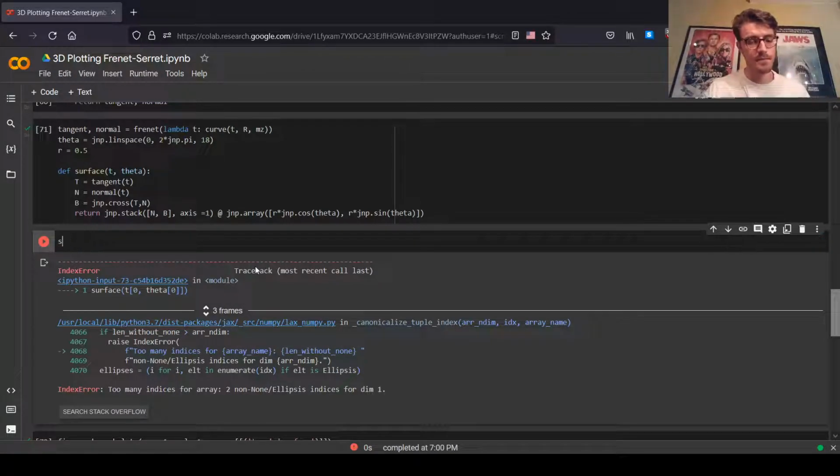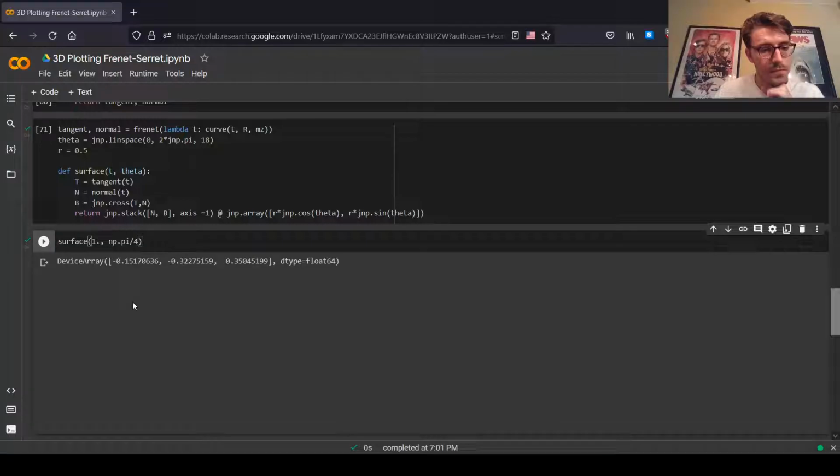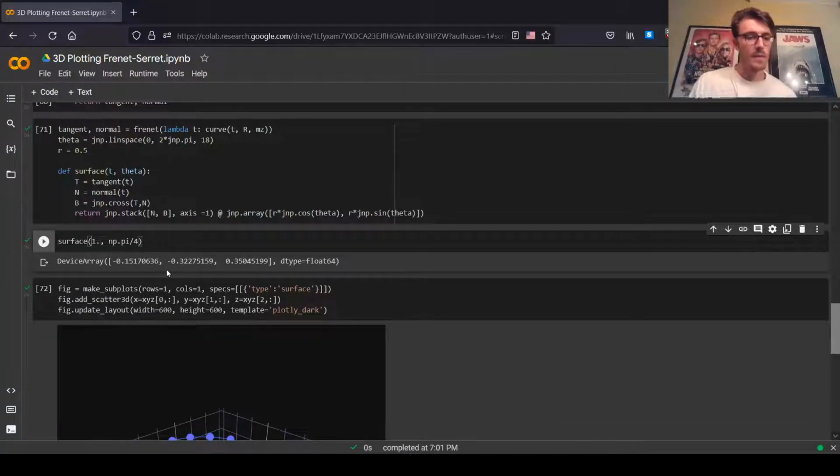Okay. Too many indices for not. Well, can I just do like 1 and about like that? Ooh, the same thing I got earlier. Gotta make sure I put the period for floating points. Okay.